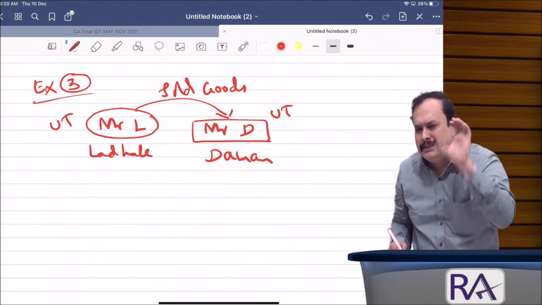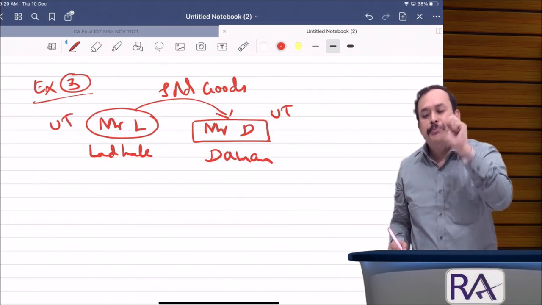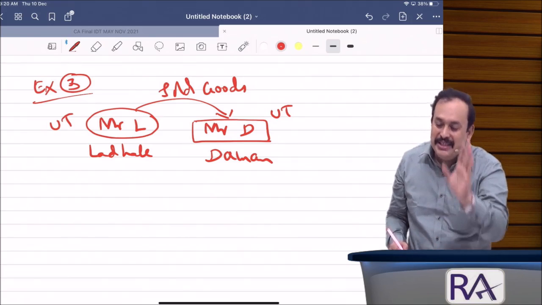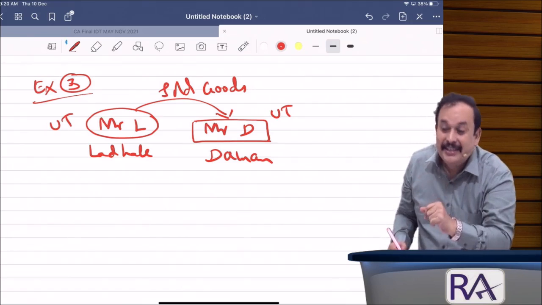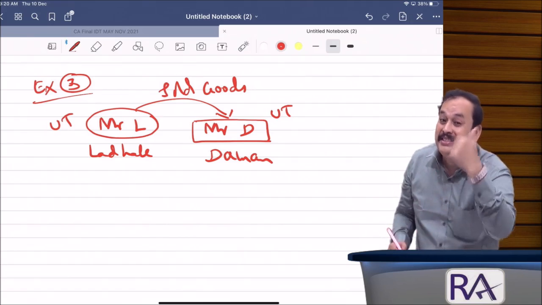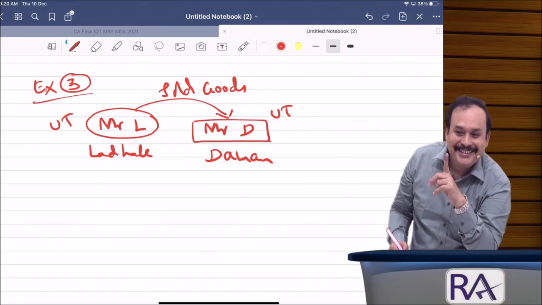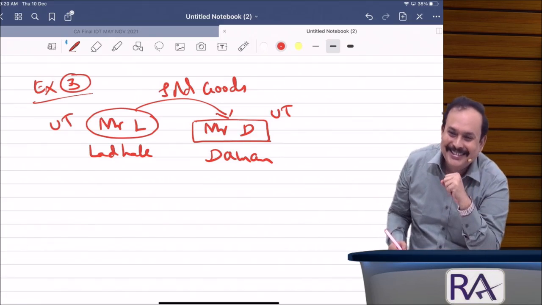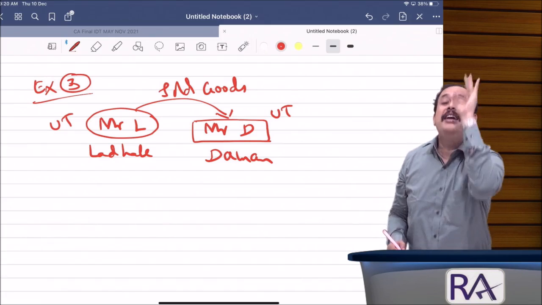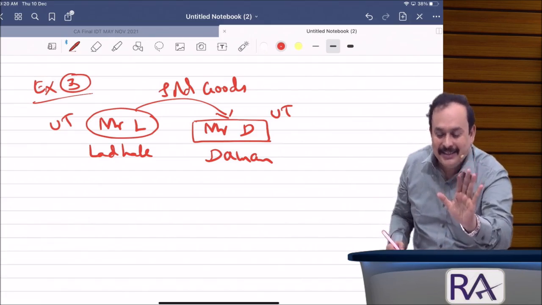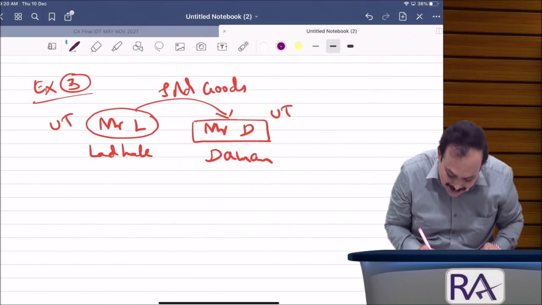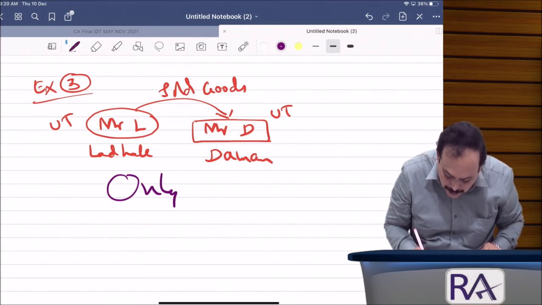A, IGST levy. B, UTGST levy. C, UTGST and CGST levy. D, UTGST and IGST levy. Which levy will apply here?